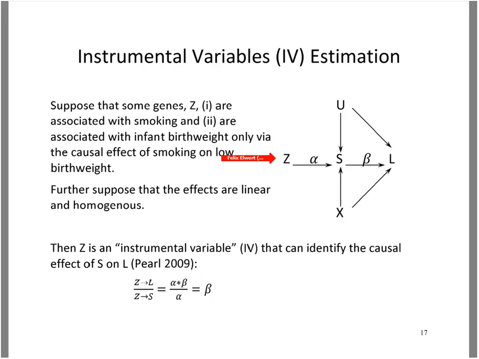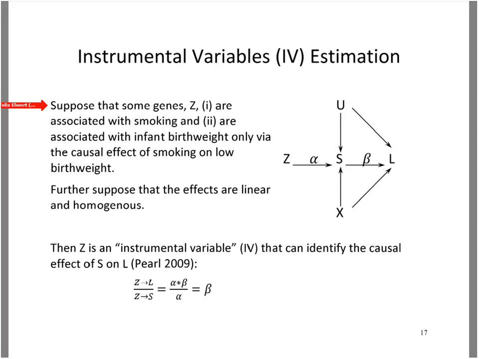So, two things need to be true. First, suppose that we have some genes, some candidate genes, some SNPs, that first are associated with smoking, and second, are associated with infant birth weight only via the causal effect of smoking on low birth weight. Is this true here? Are these two conditions met?